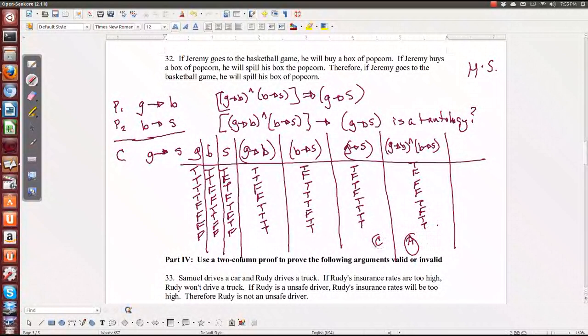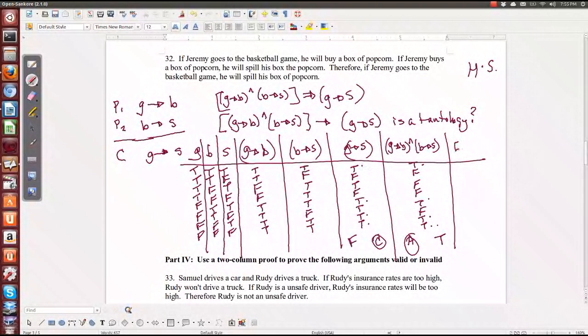My consequent is the statement that we just had, G conditional S. So I'm looking for my antecedent is true and my consequent to be false. That's when an argument is invalid. There are only 4 spots where my antecedent is true, but on those 4 spots, my consequent also happens to be true.